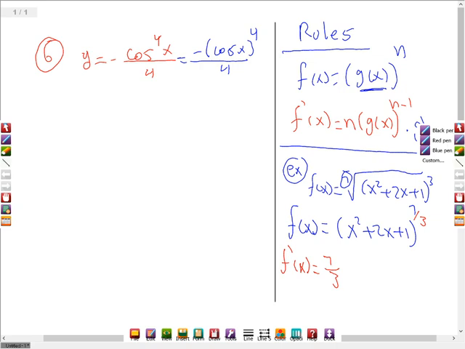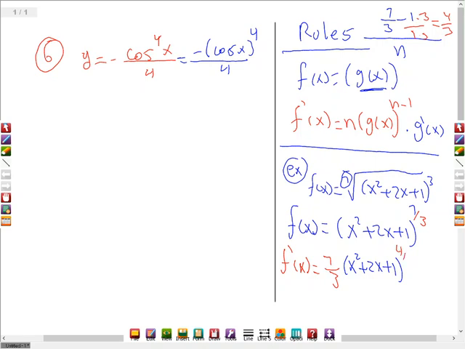You leave this function the same, x squared plus 2x plus 1. The only change is 7 over 3 minus 1. 7 over 3 minus 1 over 1, times 3 over 3. 7 minus 3 is 4 over 3.